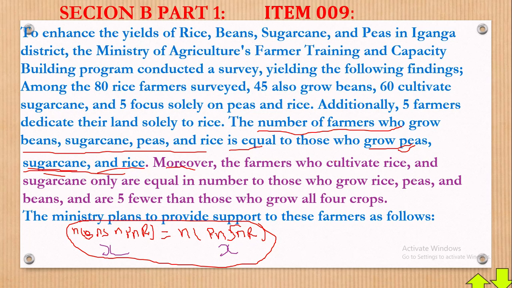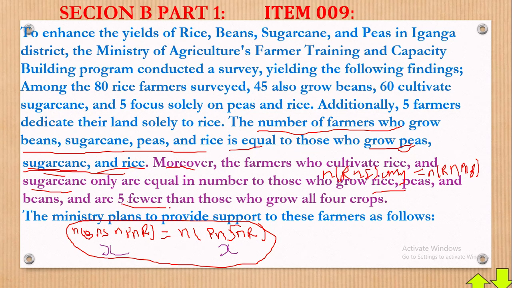Moreover, the numbers who cultivate rice, meaning the number in rice intersection sugarcane only, are equal in number to those who grow rice intersection peas intersection beans.